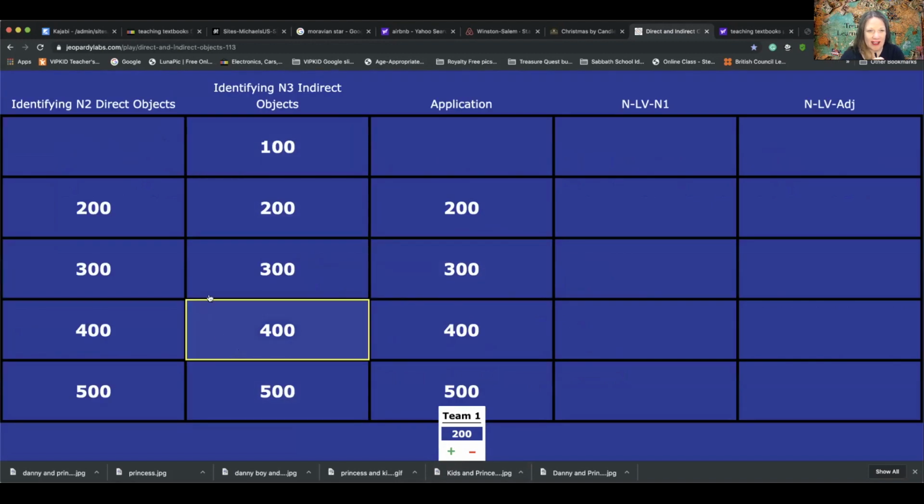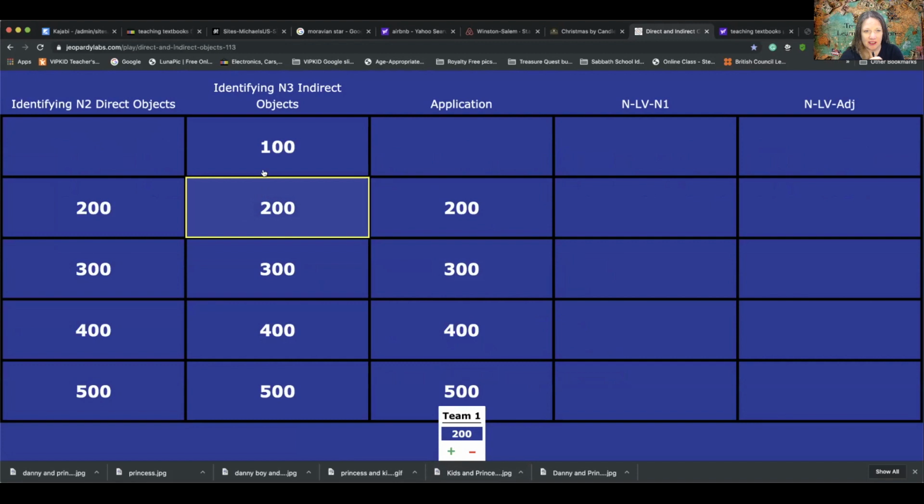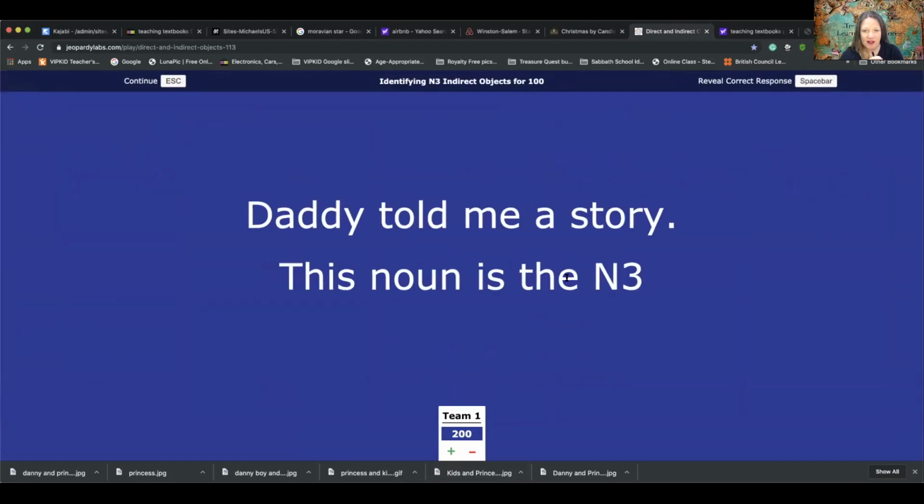Let's try indirect objects for 100. Daddy told me a story. This noun is the noun 3. Which noun is the noun 3?